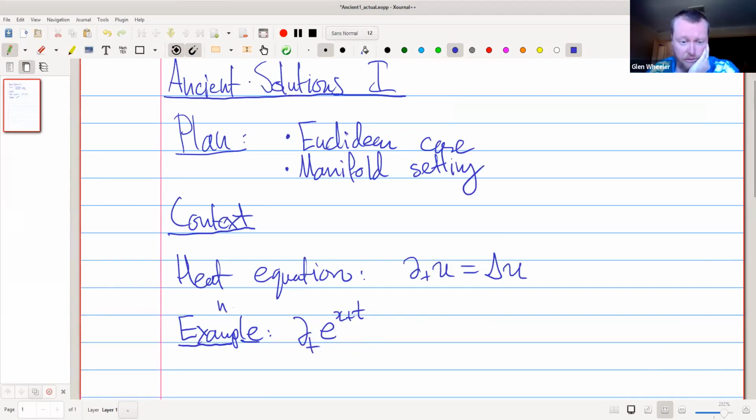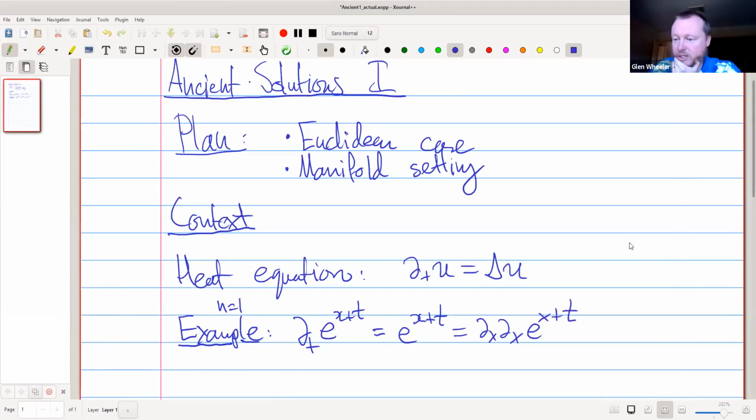This is for n equals 1. And we get, and I'm really taxing myself doing this calculation, that d/dt of e^(x+t) is equal to d_xx of e^(x+t).